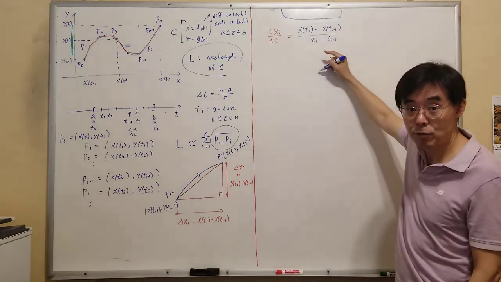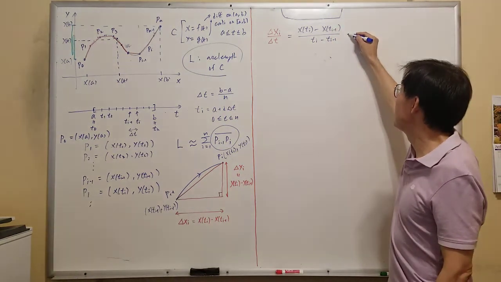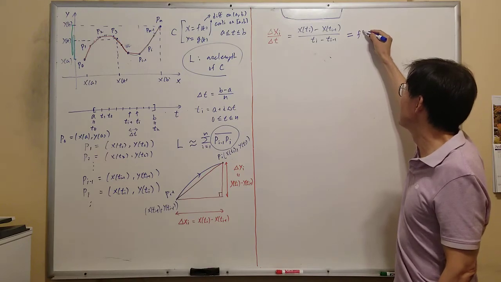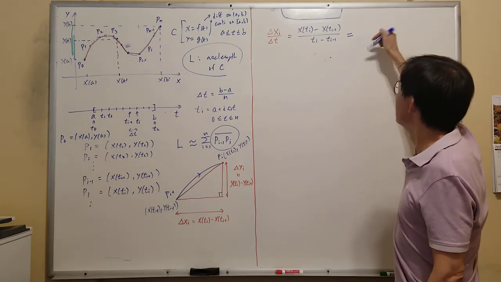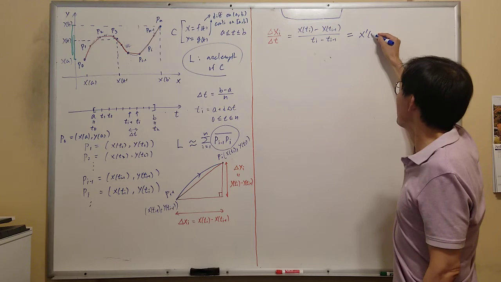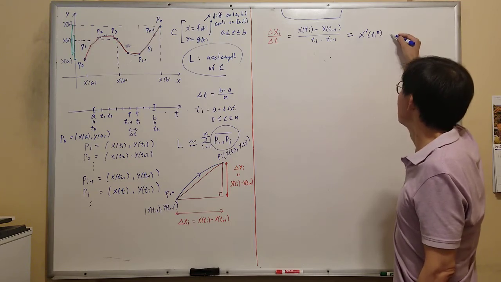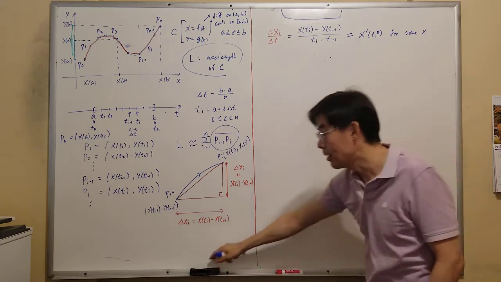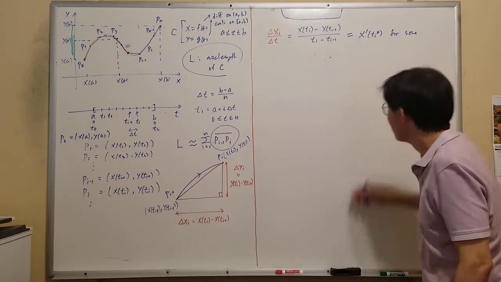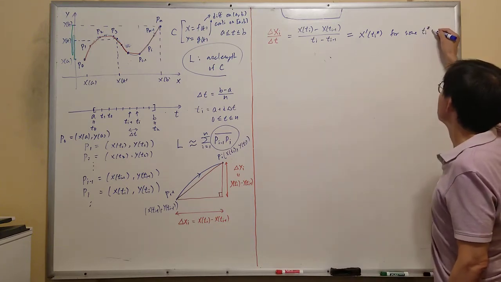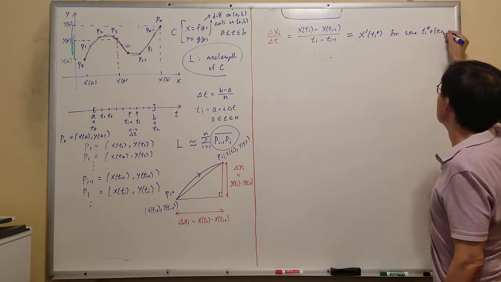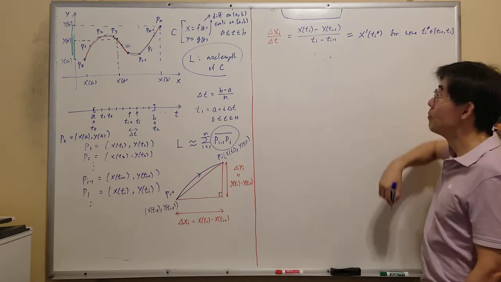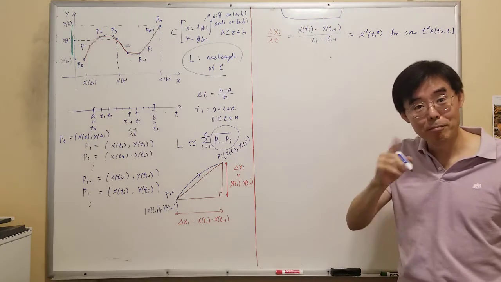This is the average rate of change, and it will be exactly the same as the derivative at some t_i star in this interval, because of the mean value theorem.